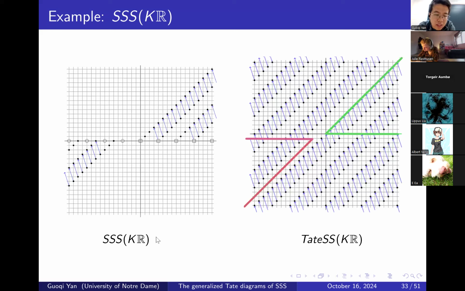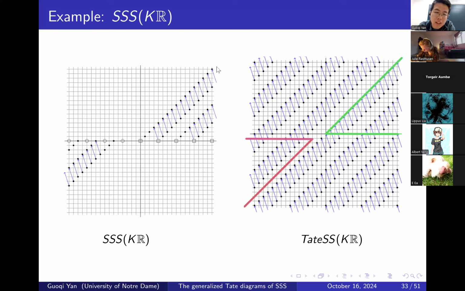Now on the left-hand side is still the slice spectral sequence of KR, and on the right-hand side is the Tate spectral sequence of KR. There is only one non-trivial family for C2, and this is just the classical Tate spectral sequence.